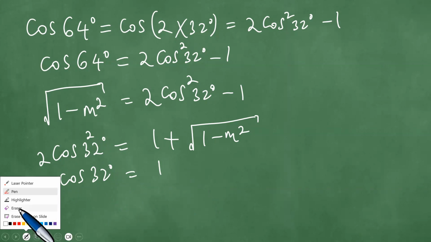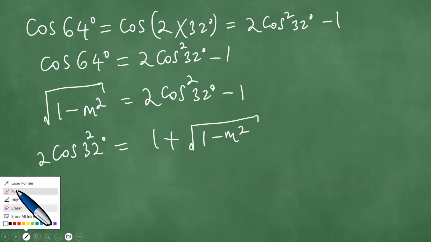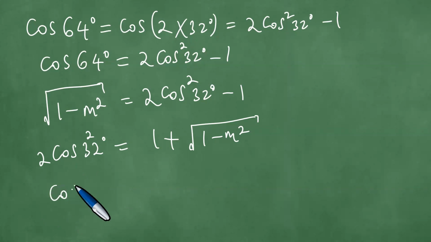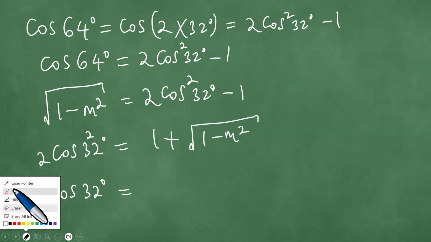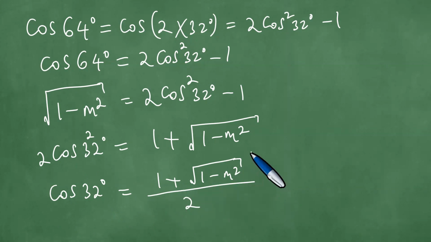Right, so if you divide by 2 and you take the square root, 32 degrees is actually an acute angle. And that means the cosine of 32 degrees becomes exactly the same as the square root of 1 plus the square root of 1 minus m squared, all over 2, like this.